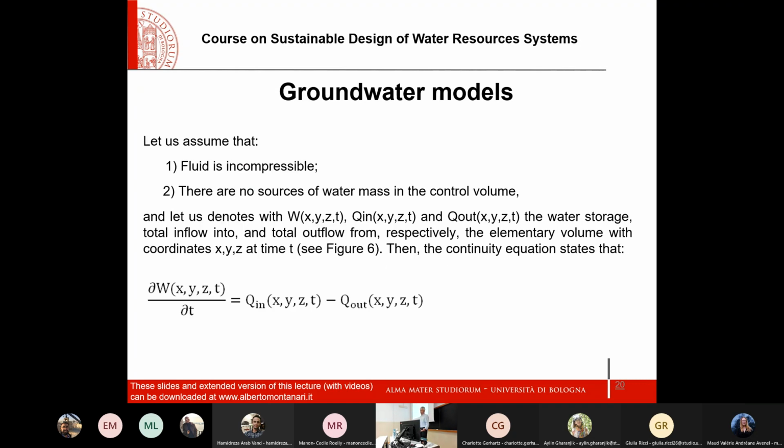So what is the conclusion? In this equation here, Q in and Q out have to be expressed through 6 components for Q in and 6 components for Q out. Actually, they are 6 components, and depending on the sign, you have Q in or Q out.